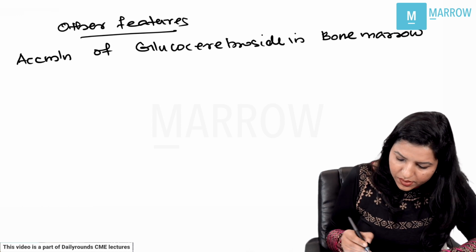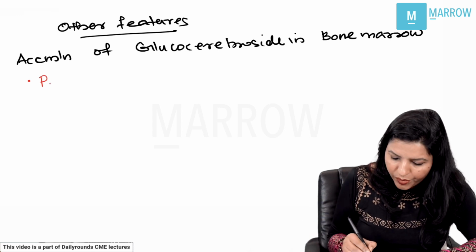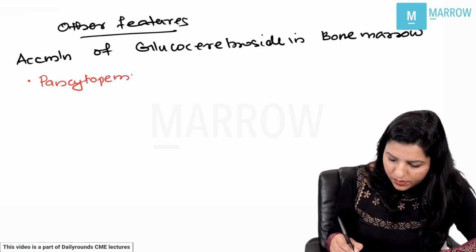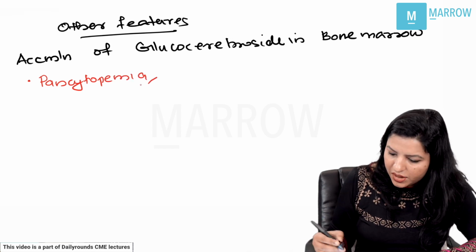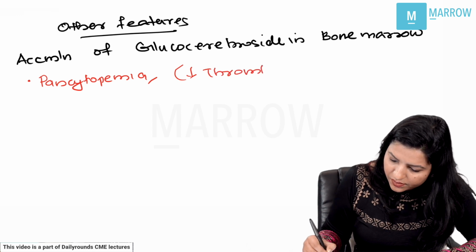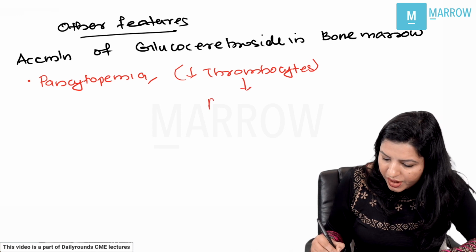This infiltration into the bone marrow causes pancytopenia, which causes decreased thrombocytes, which leads to bleeding manifestation.